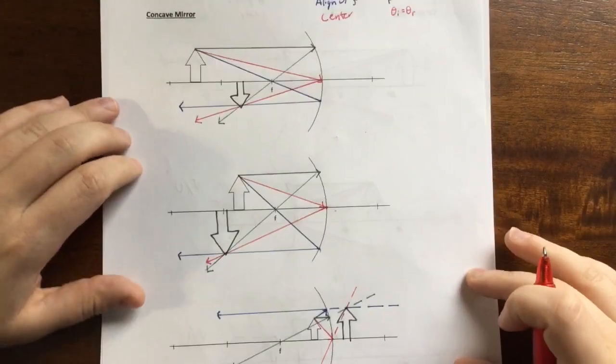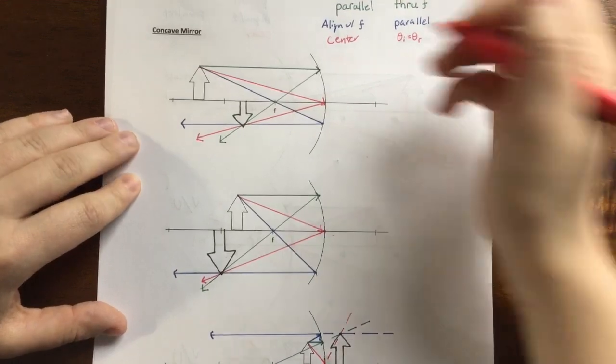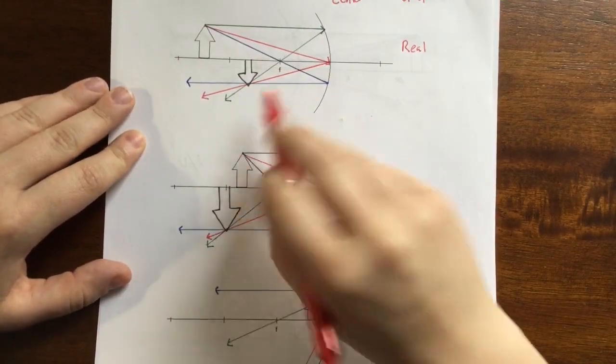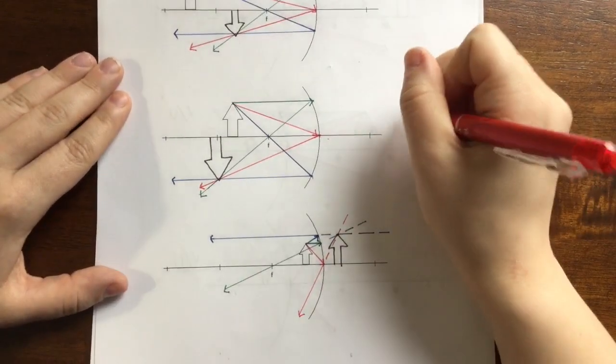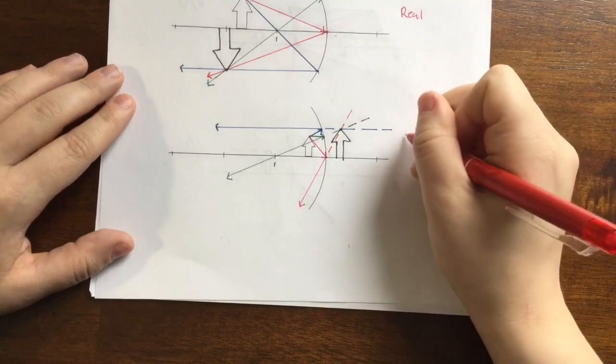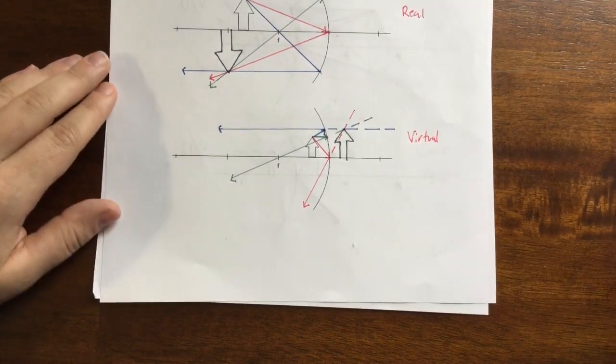This is going to give us two real images and one virtual. The ones that are real have the light rays meeting. The one that is virtual has the rays diverging.